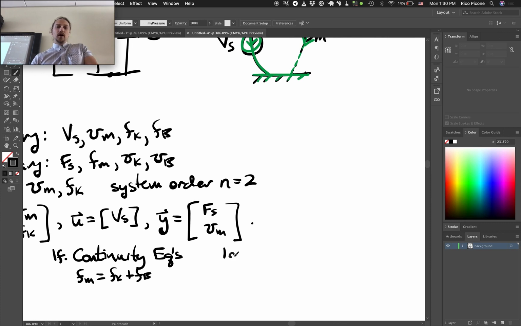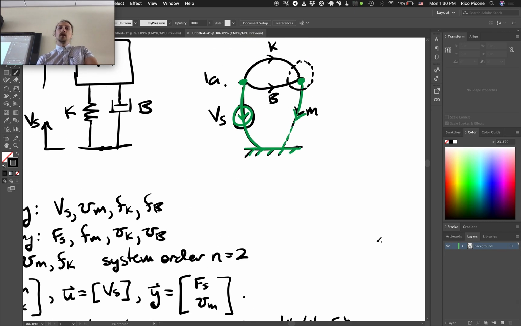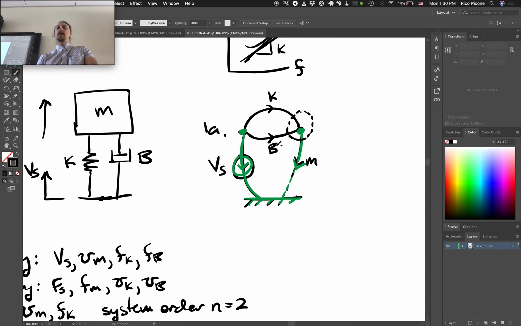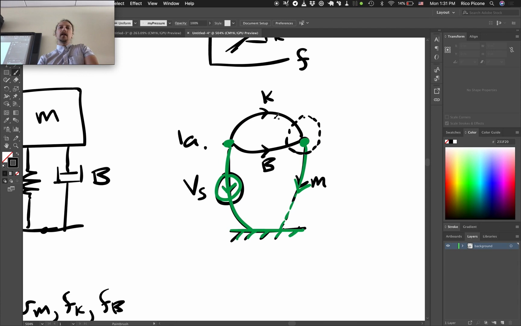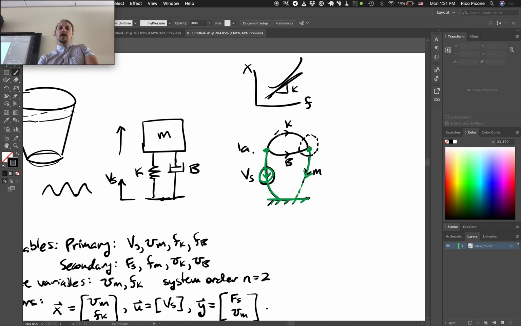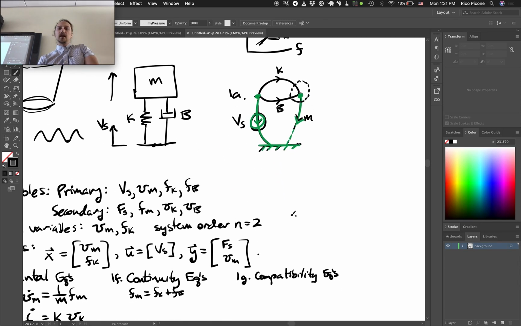1G, compatibility equations. Okay, so we need one for each passive link. And the links that we've got here are K and B, so the spring and the damper.